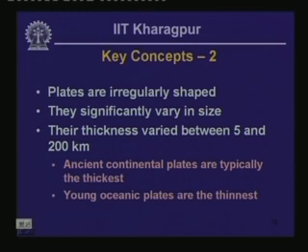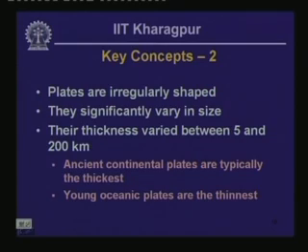These plates are irregularly shaped, they vary significantly in size, and their thickness varies between 5 and 200 kilometers. As we have seen, underneath the ocean the thickness of the crust is much smaller, and there you could have a very thin plate indeed, whereas underneath mountain chains the thickness of the crust could exceed 100 kilometers in some places.